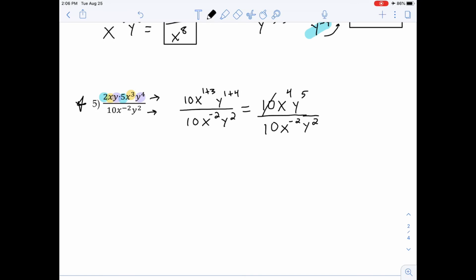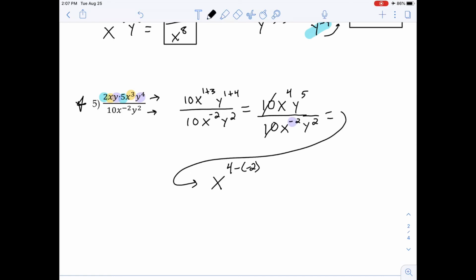All right, so let's see what else we can do here now. Well, looking at the 10 over 10, that's simply going to reduce to 1. So now using the quotient rule, when you are dividing, you subtract exponents. But again, you have to be careful because we have a negative here. So we're subtracting in the numerator: x to the 4 minus negative 2, because this right here is already a negative.